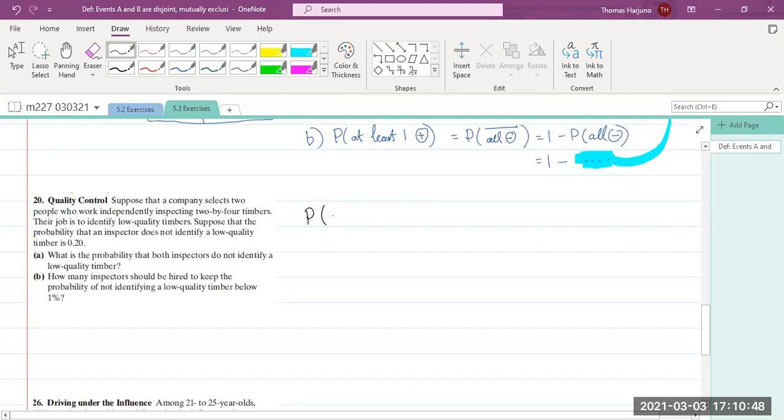So let's use that for not identify, 0.20. Now, part A, what is the probability both don't identify?